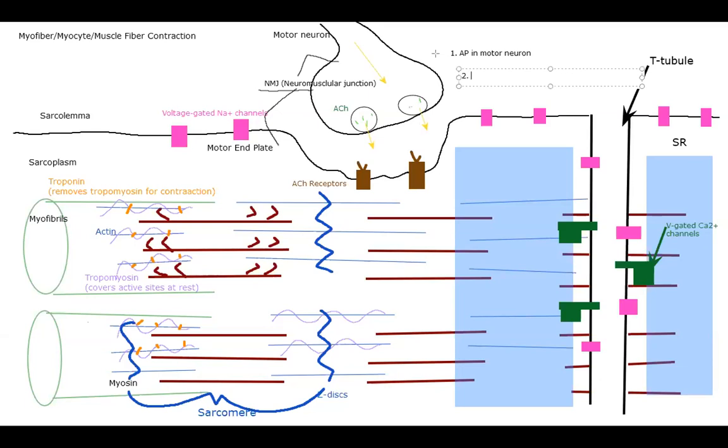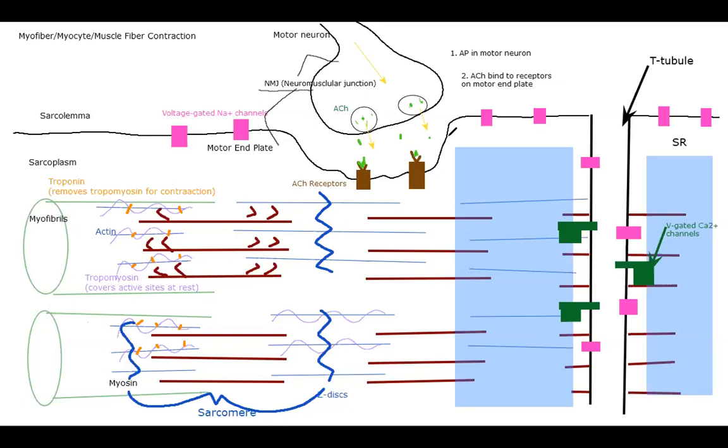Number two is the acetylcholine is going to diffuse across that synapse and bind to the receptors on the motor end plates. Again, there are more thorough descriptions within the PowerPoint. For now, we're just going to draw the acetylcholine in the synapse, and it's going to bind to these receptors.